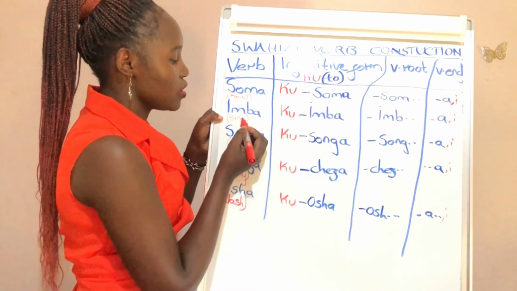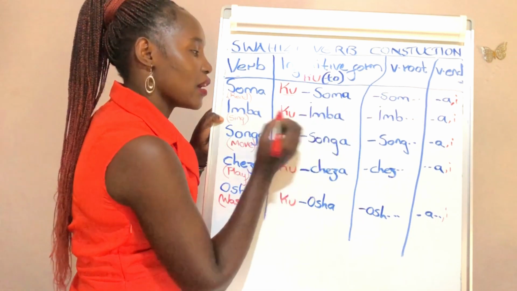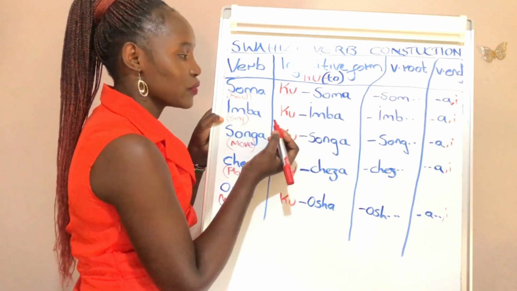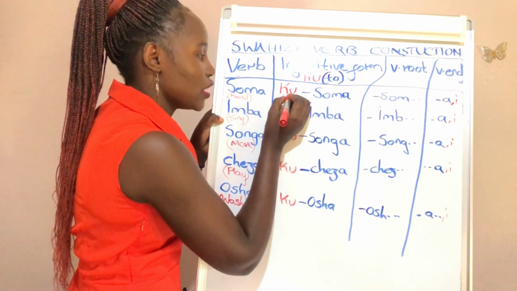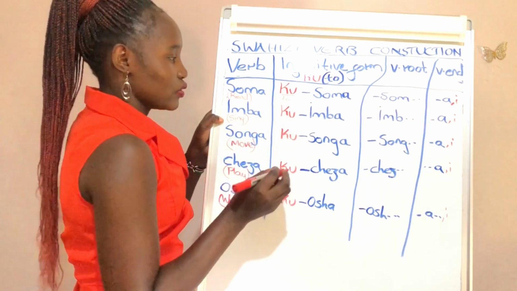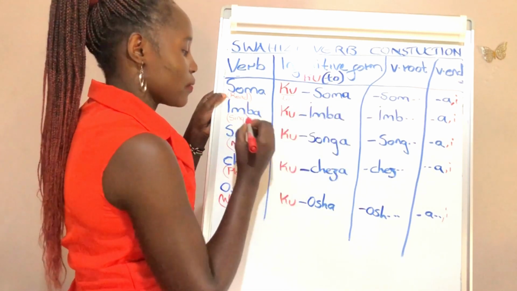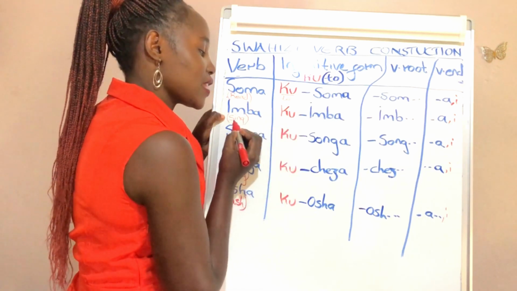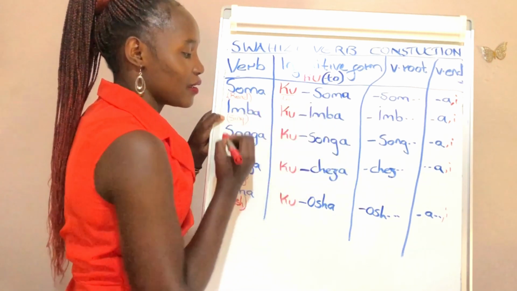For imba, we say kuimba. So generally the ku here represents to. So to read is kusoma. To sing is kuimba.